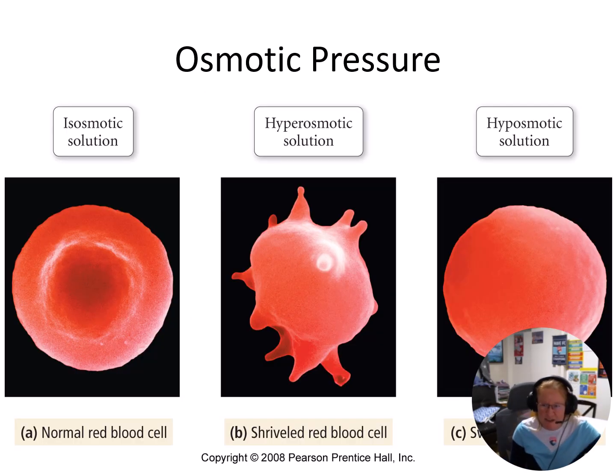Osmotic pressure is important in our bodies because we have an electrolyte balance that has to happen. If we're isoosmotic, we've got our nice normal red blood cell. Hyperosmotic, it's all shriveled up because it's flowing out of the red blood cell. And then we get a swollen blood cell for this hypoosmotic solution because everything's flowing into the red blood cell.